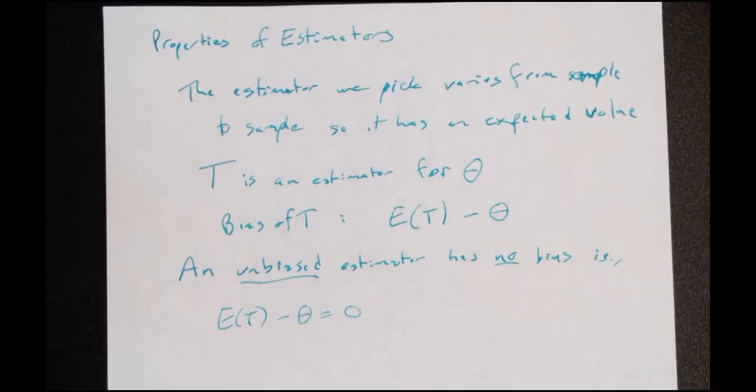Since T is calculated each and every time, on average, if I do a bunch of different samples, some of them will be high, some of them will be low. Maybe every now and then I'll get one that's right on. But they should just as likely be high as low. If I estimate the height of a Seton Hill student by grabbing 5 people, I could grab 5 ladies off the volleyball team.